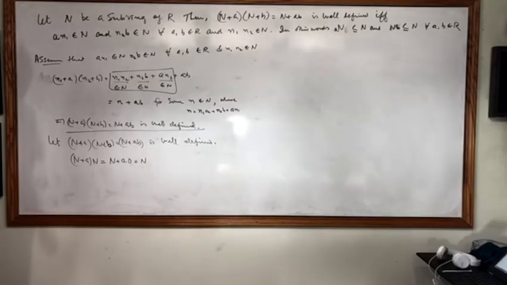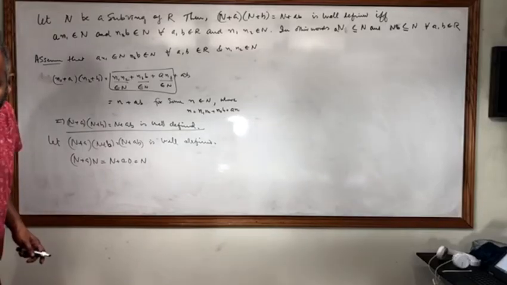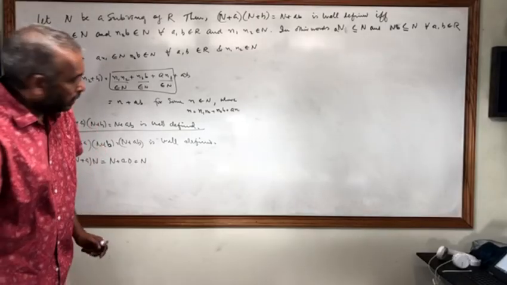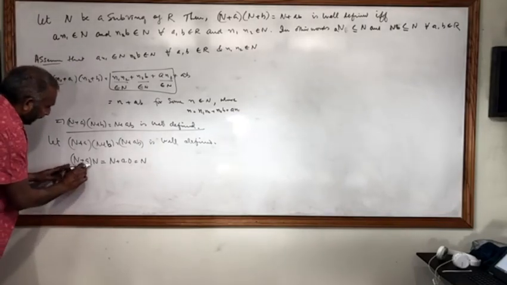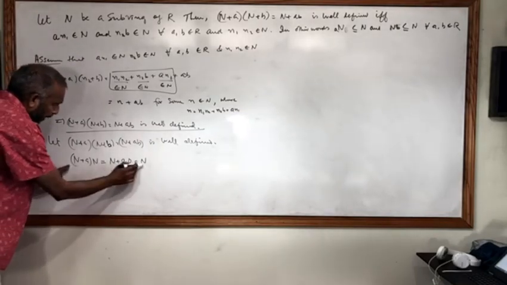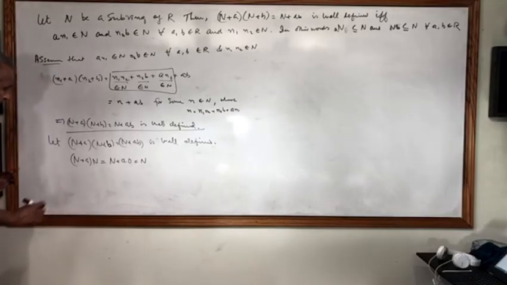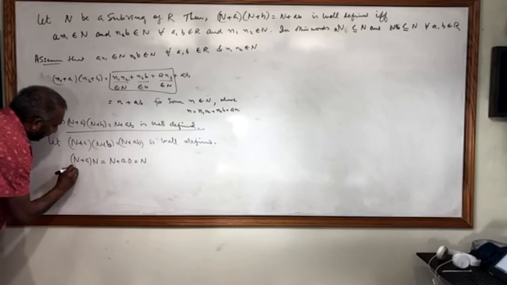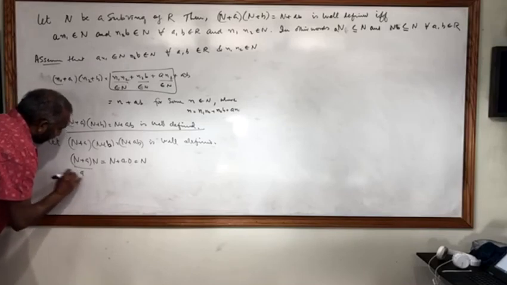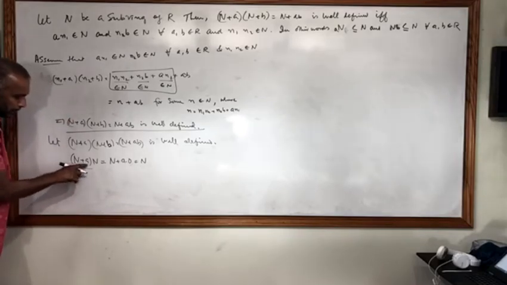Now N plus A times N is equal to N. What we will do is take A from here. A belongs to N plus A, definitely.